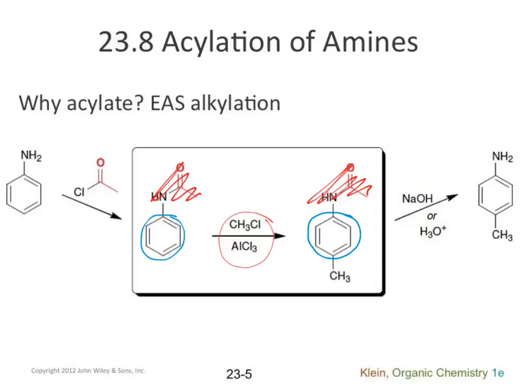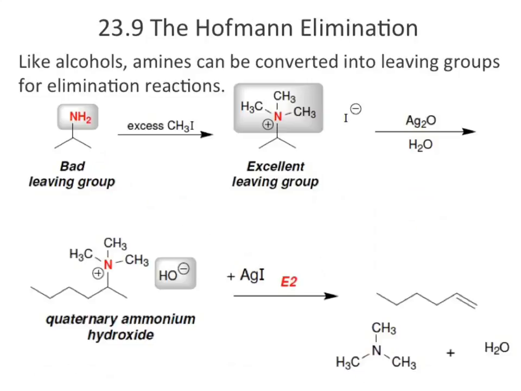Well, if we only want one alkyl group put on there, we have to limit that chemistry somehow. Okay? And that's something that we could go through and use with our amide. So we can now kind of limit some of that chemistry. Again, same kind of idea. We still get that steric blocking with that larger group, preventing that ortho substitution.